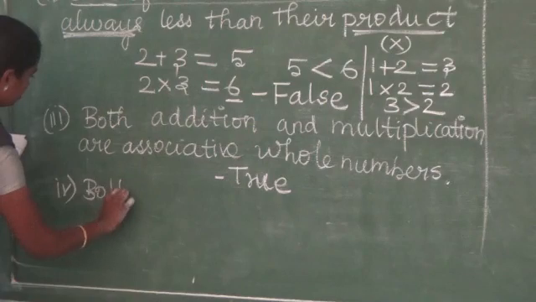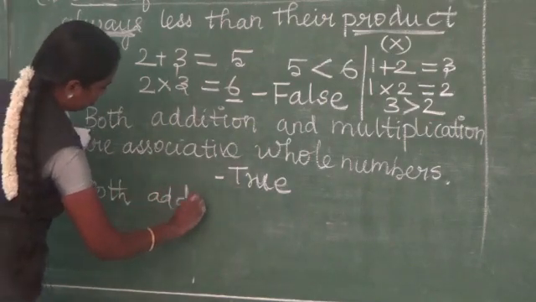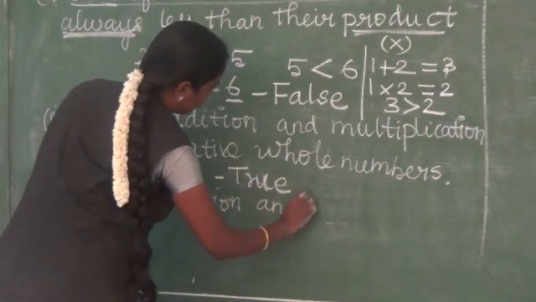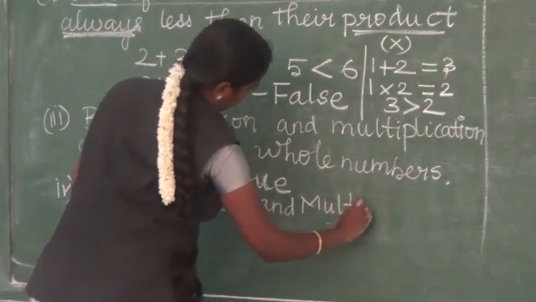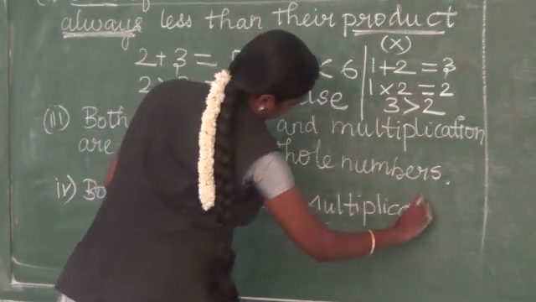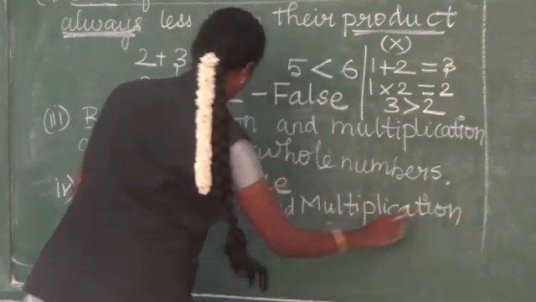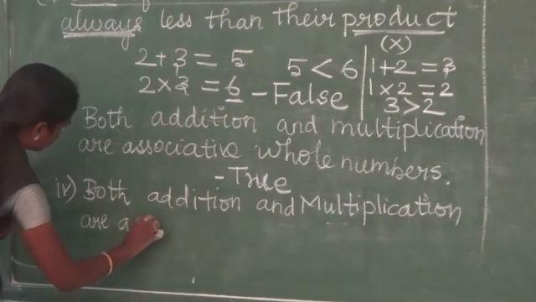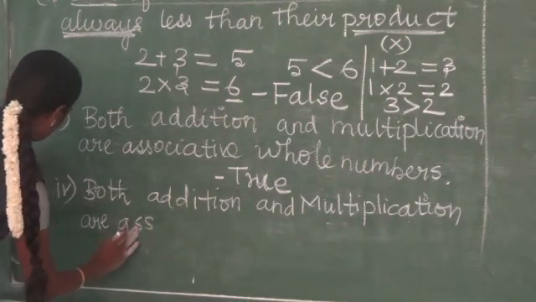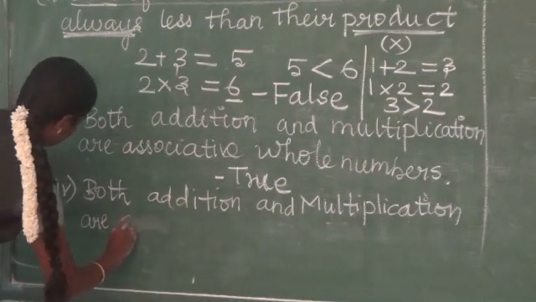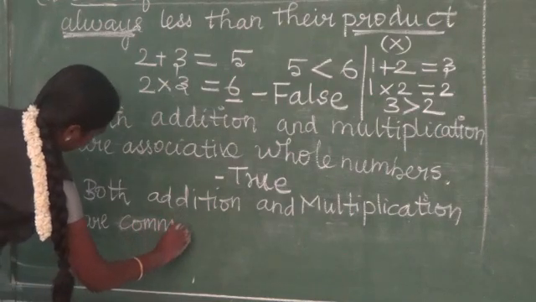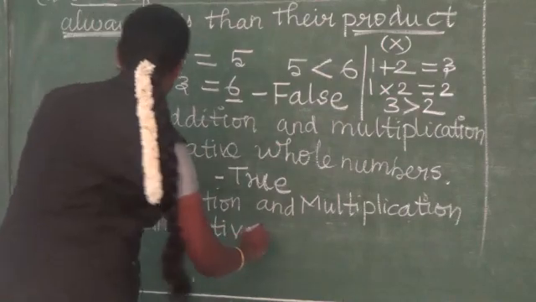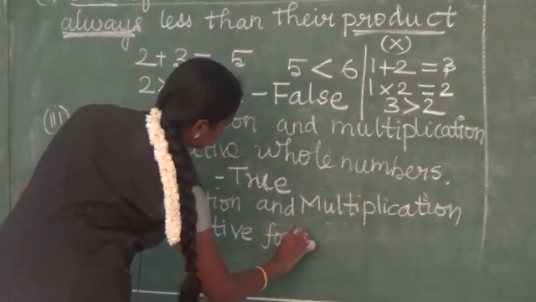Option 4, both addition and multiplication are associative, commutative for whole numbers.